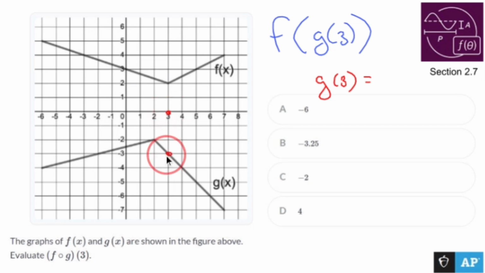G of 3 appears to be negative 3. So f of g of 3 is the same as f of negative 3. So let's go to f. Let's go to negative 3. F of negative 3 appears to be 4. D is my answer. Wasn't that nice?